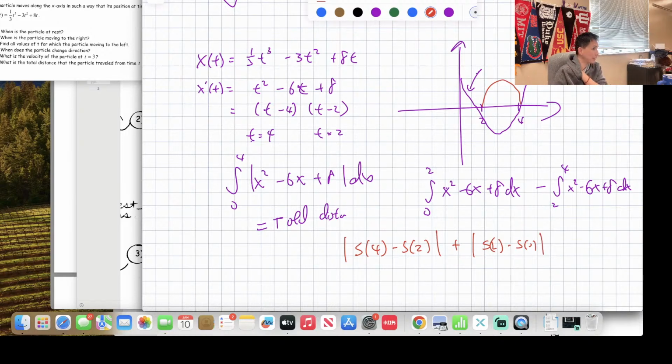That should give you the same thing, but you have the absolute value each time because you want to find out the displacement between 0 to 2 seconds, take its absolute value, and add the 2 to 4. Yeah, the last part is 0.